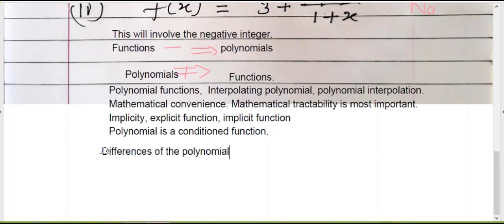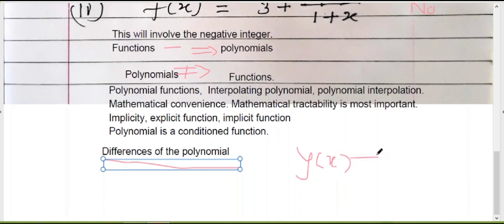Differences of the polynomials means the first difference, the second difference. If we write y = f(x) as a polynomial, suppose this is a polynomial, and x is the independent variable, and it has degree, suppose n.